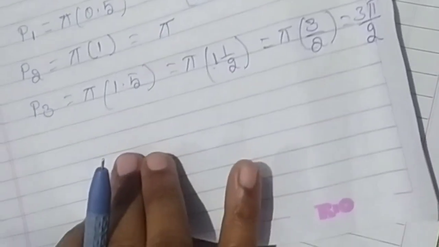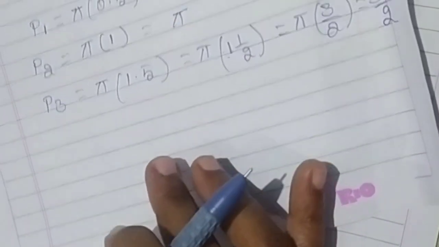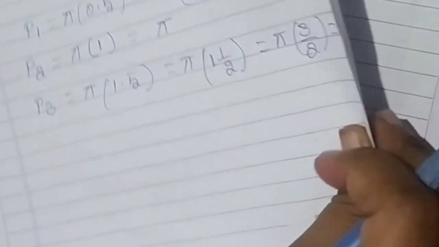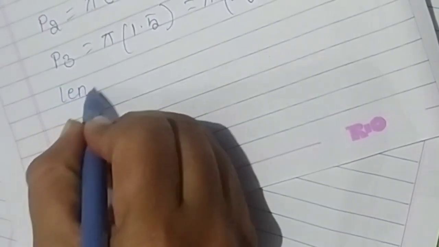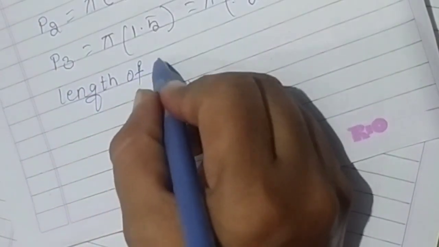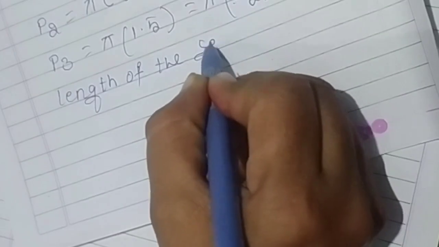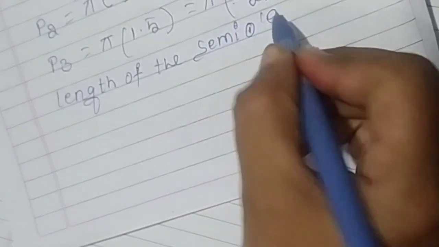So like that only, these perimeters are the lengths of the semicircles, right?